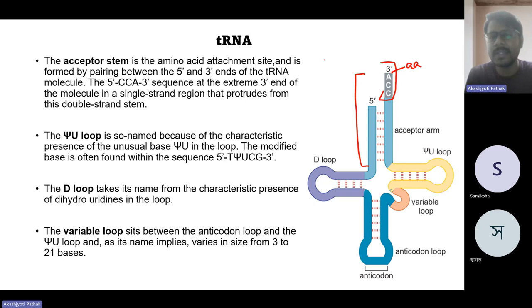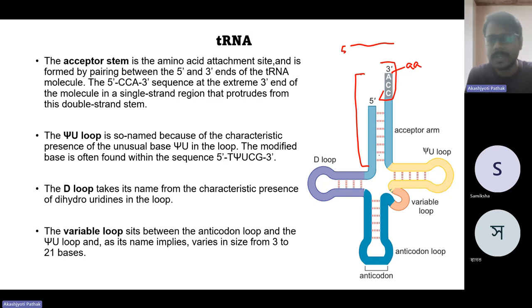So this is actually a secondary structure of RNA. The RNA will have a free 5' and 3', and now because of base pairing between complementary regions, it has formed a particular secondary structure, and this results in the formation of this acceptor arm.